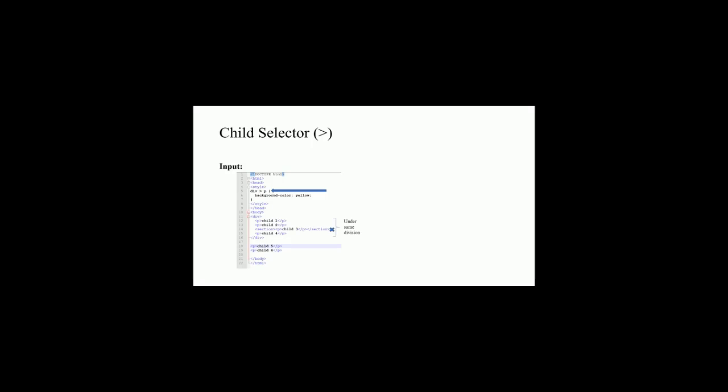And child 5 and child 6 are obviously outside the div, so those two will also not be colored yellow. To be more clear, I will show the output.